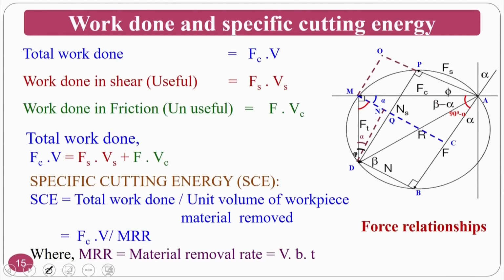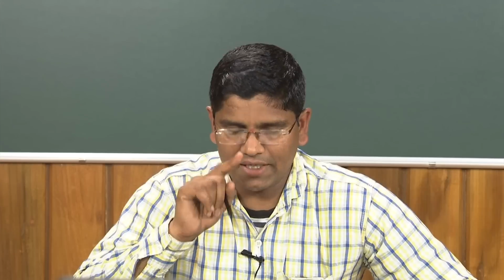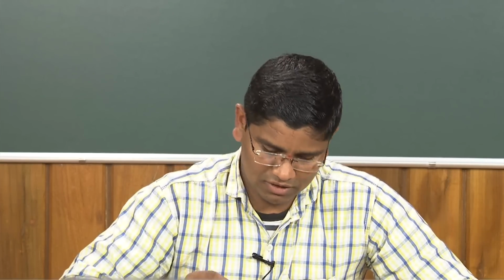Work done and specific cutting energy: the total work done is Fc into V. As I already said, the cutting force multiplied by the cutting velocity is the total work done during the machining operation, that is the energy I am imparting.